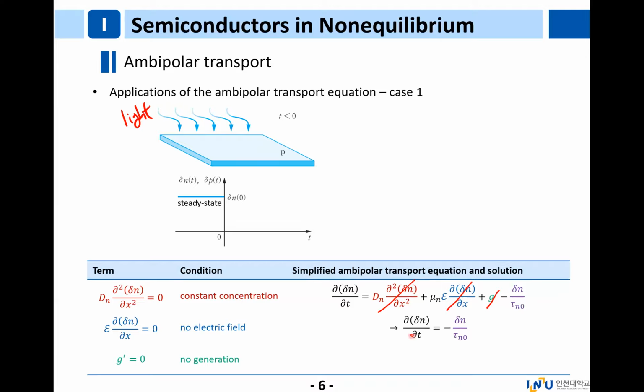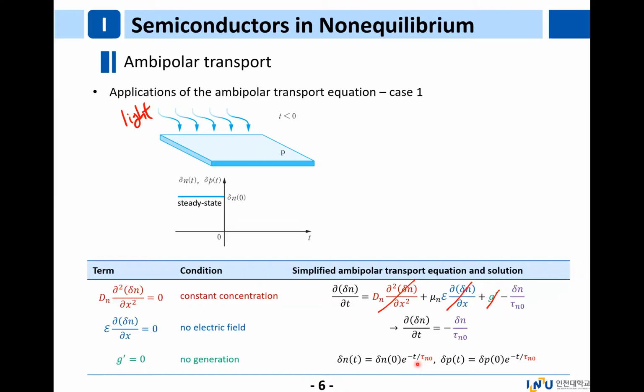The solution to this equation is as follows. Therefore, the excess electron concentration decreases exponentially over time, and the time constant is the minority carrier's lifetime.